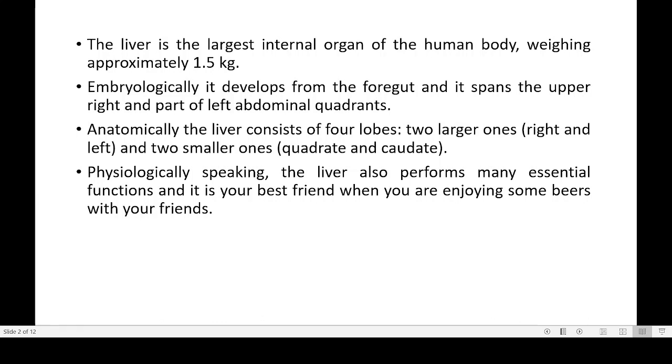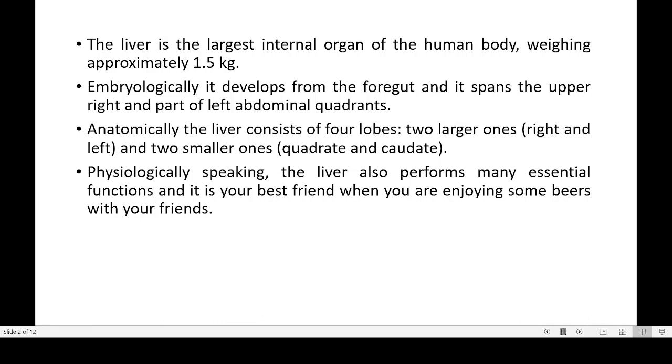Now, regarding the development of the liver, it embryologically develops from the foregut. That means during the embryonic development, the intestine is divided into three regions: foregut, midgut, and hindgut.